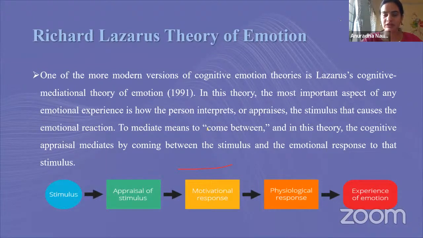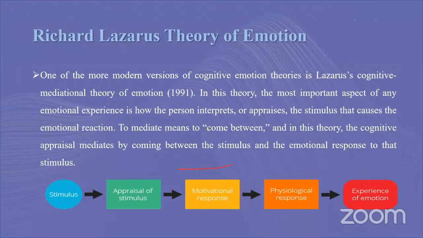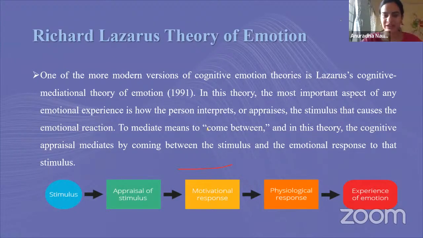You can very well see how this connects to what we were just discussing. It is similar to the last theory, like cognitive labeling, and what we think and perceive comes into the emotion. That theory talked about cognitive labeling of emotion.